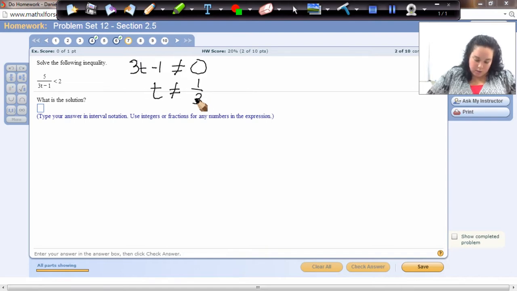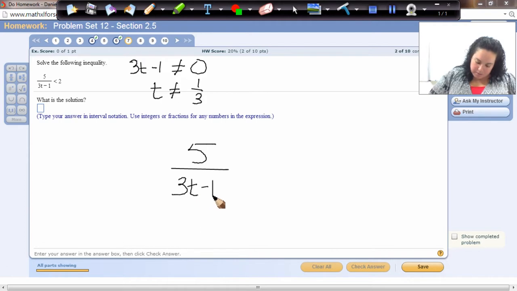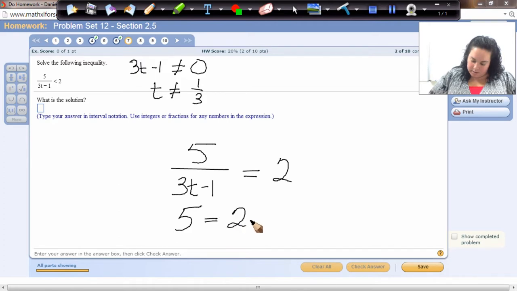Now let's also solve this inequality for t. Let's pretend this is an equation, just like we've been doing, and solve it. I'm going to solve it down here, and then I'll erase it and just move it up here. The way we solve it is we multiply both sides by this denominator, 2 times 3t minus 1.